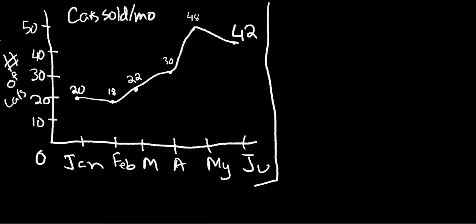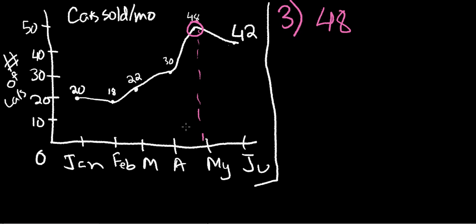Okay. So, number 3. It says, Kathy sold how many more cars in the month of May than in the months of January and February combined? She sold 48 cars in May. So we need to subtract a number from 48.